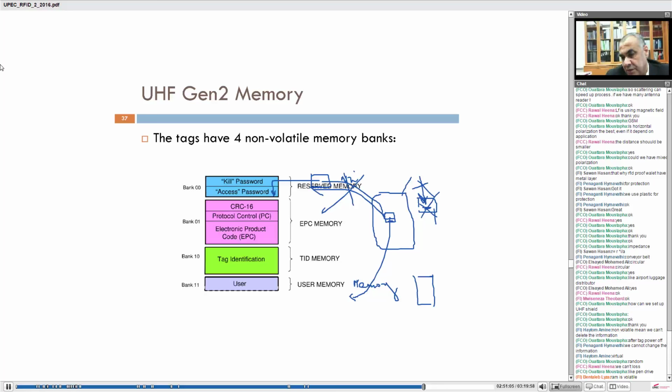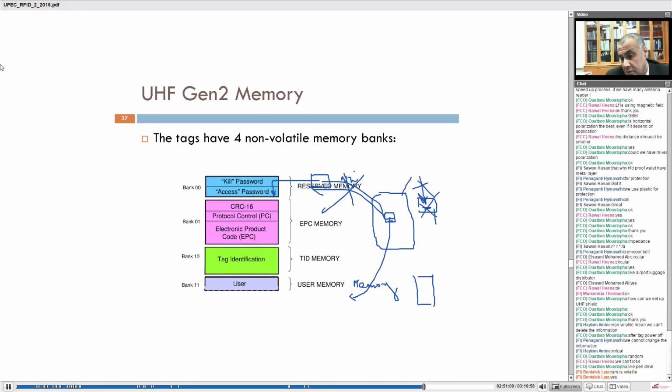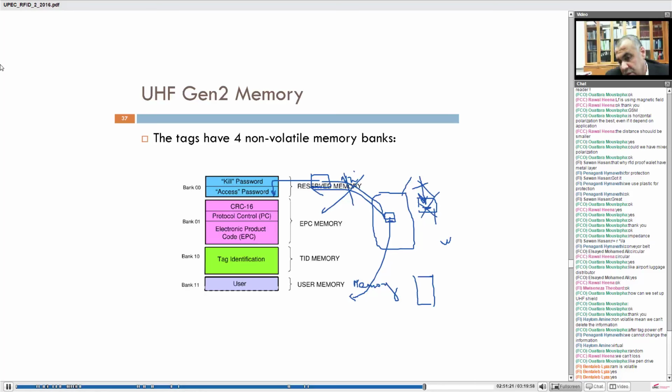Okay, but this is in your communication with the computer and the reader. So in order to communicate with this tag, you can put a password, and you can kill this tag if you introduce the right password.